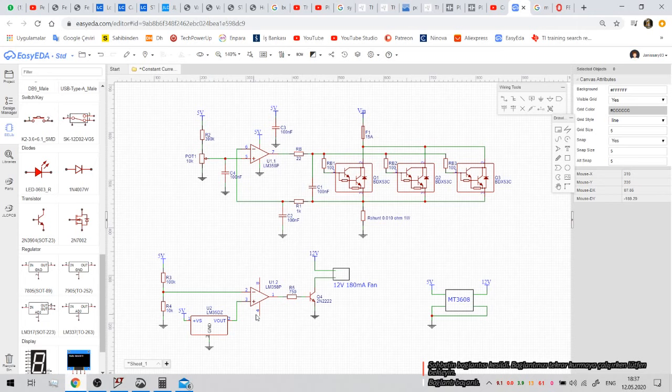I cannot get 12 volt from Vin easily, because Vin can be greater than 12 volt or lower than 12 volt. I don't know this now. This is the cause.